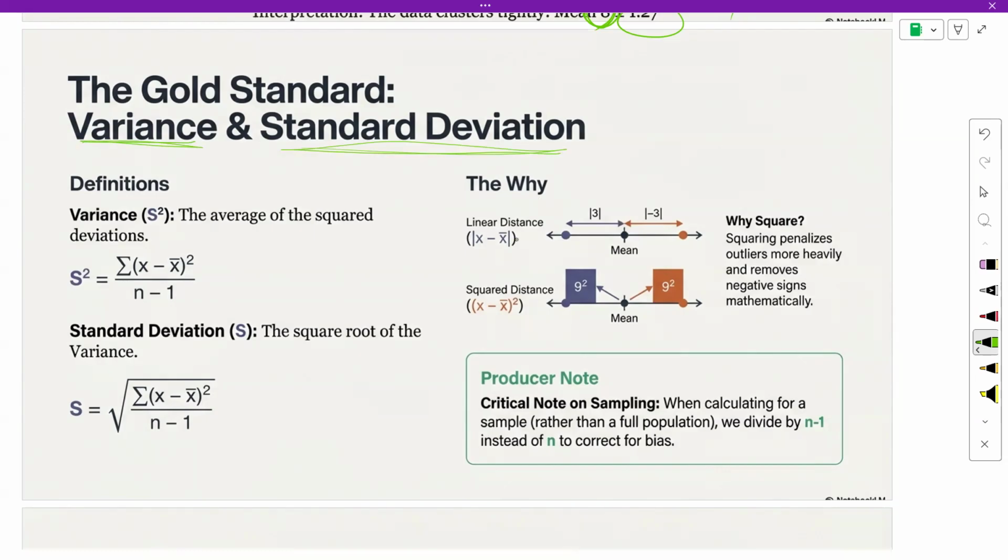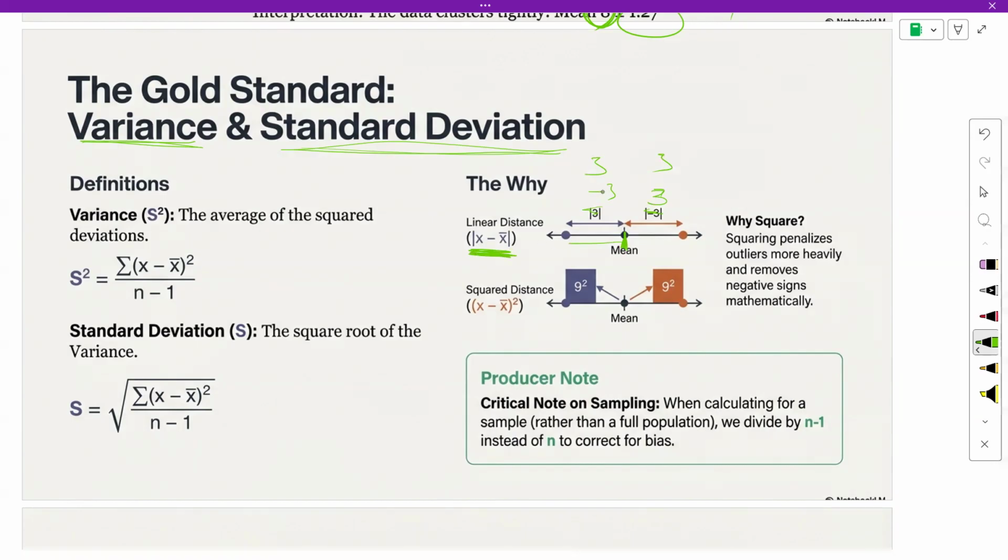When we calculate the mean deviation, say this is the central value, if it deviates to this side it is plus 3, and to this side it is minus 3. Now we ignore the sign. We take 3 and 3, because we take the absolute term.